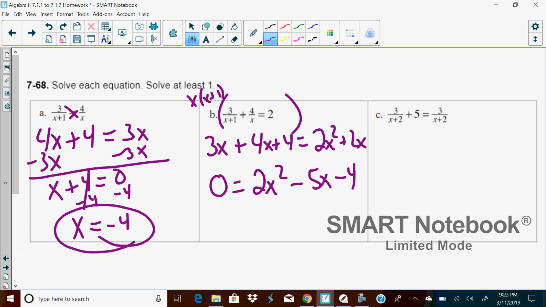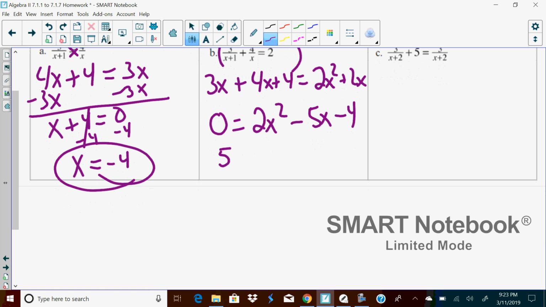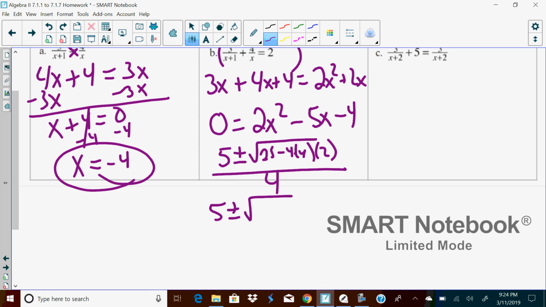So it's unfactorable. So I'm just going to use the quadratic formula. So I get 5 plus or minus the square root of 25 minus 4 times 2 times negative 4. So I get 32. So 25 plus 32, divided by 4. So I get 5 plus or minus the square root of 57 over 4.